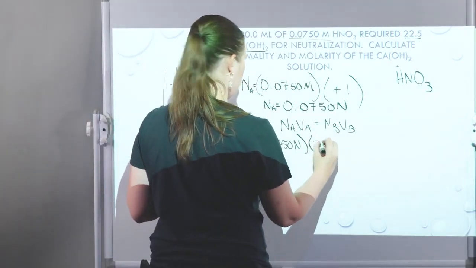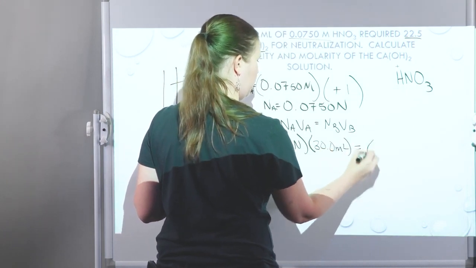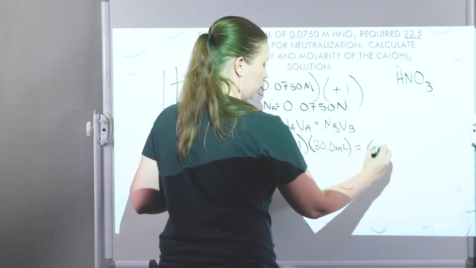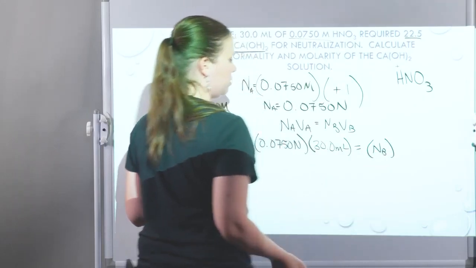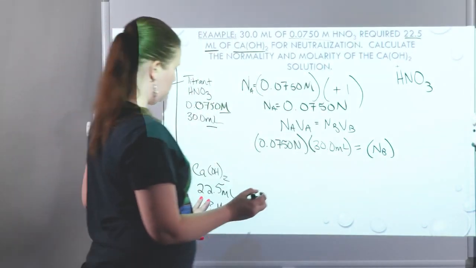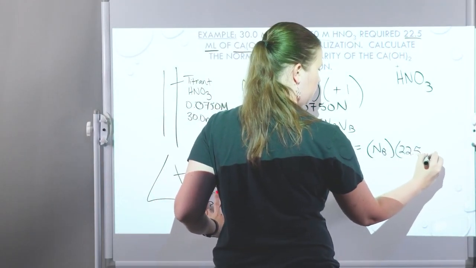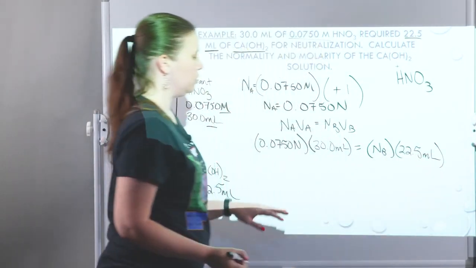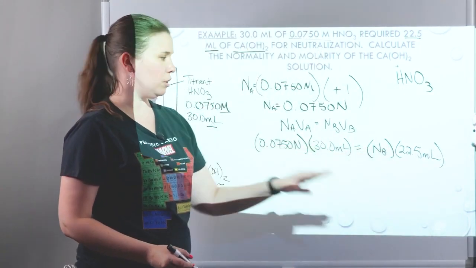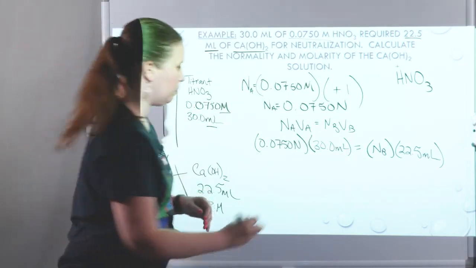So I'm going to keep this as 30.0 milliliters. If you want to switch it to liters, go for it. What I'm solving for by using this formula is the normality of the base. But what I know is the volume of the base is 22.5 milliliters. So when I isolate the variable here, it will, by definition from this formula, be the normality of the base.